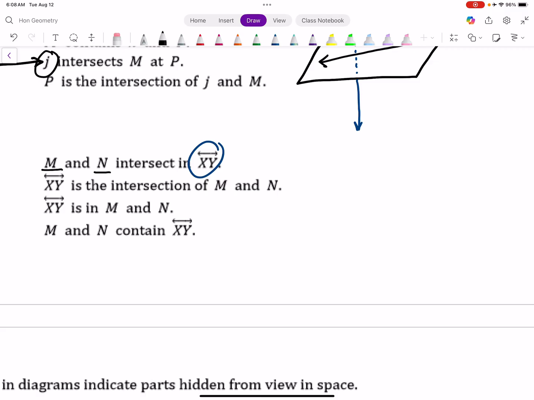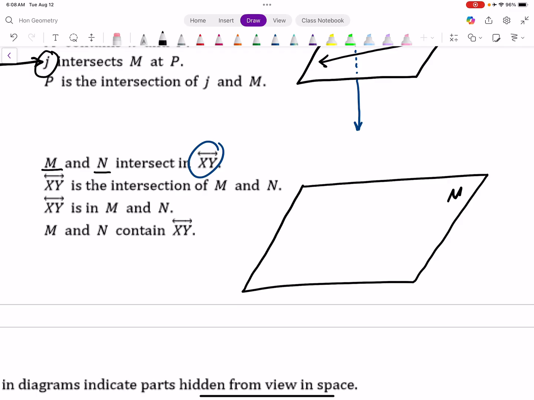So let's draw, I have a hard time drawing things. Okay, let's make one plane, and we'll call it M. And then we're going to run another plane through there. And when they hit each other, this is where I struggle a little.